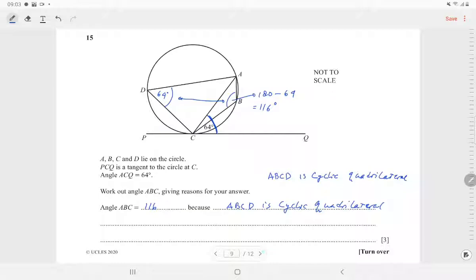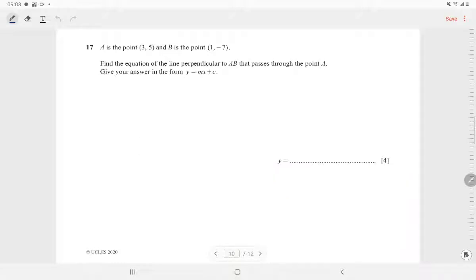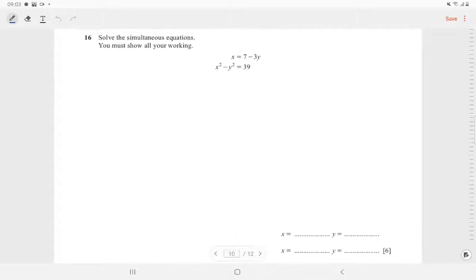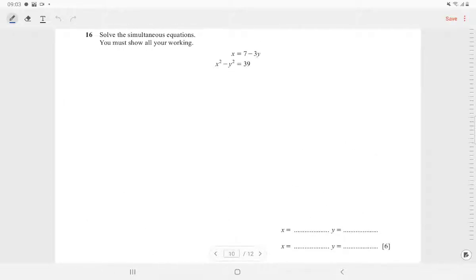Okay, next. This is a simultaneous equation. We have the first equation. We use substitution. So 7 minus 3y, squared, minus y squared equal to 39.